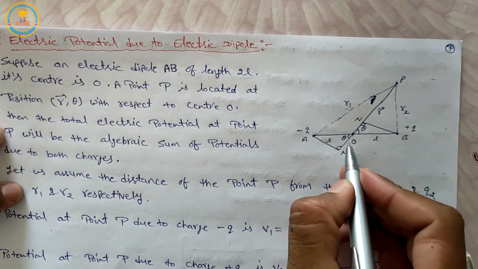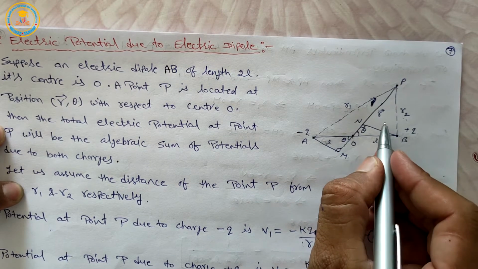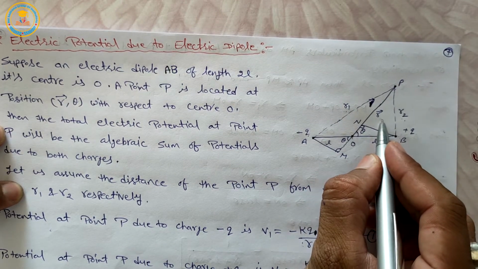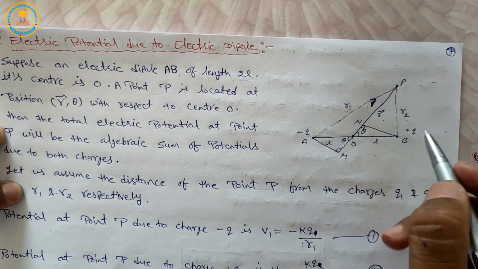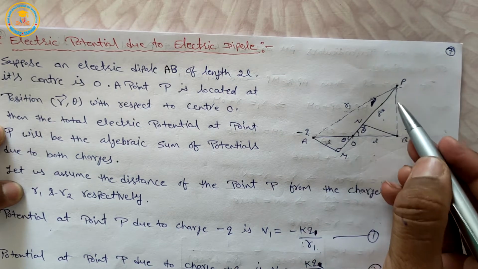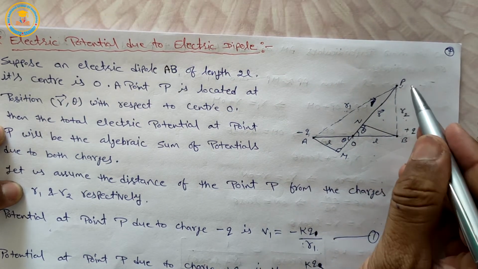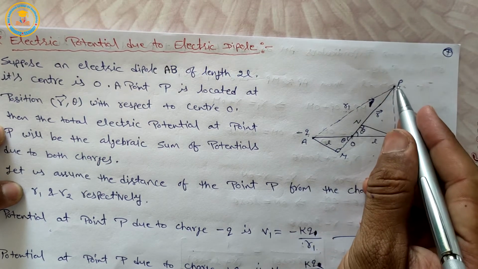Here we see that 2L is very small, so we can say 2L is small compared to r. Okay, in this situation we can say that AP approximates to MP and BP approximates to NP.